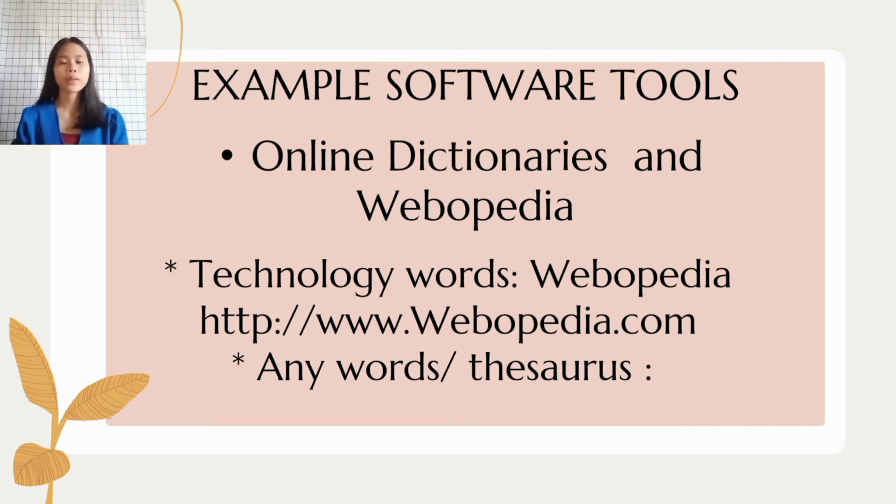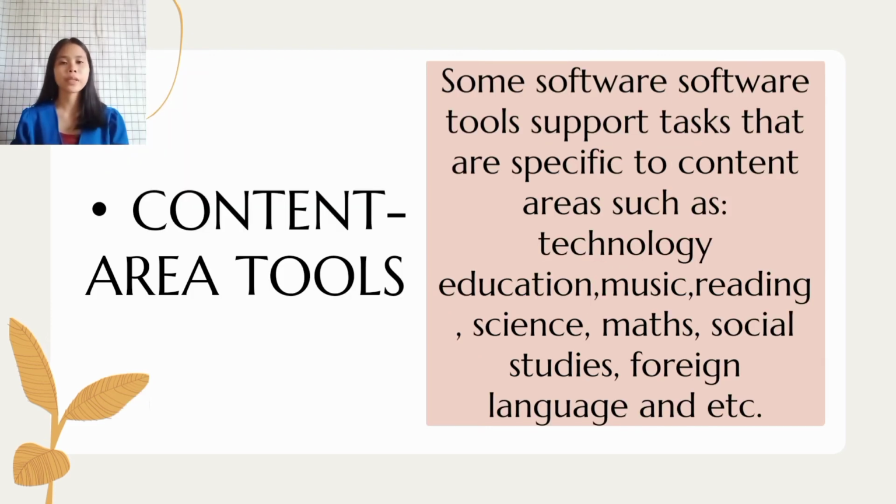Content area tools, some software tools support tasks that are specific to content areas such as technology, education, music, reading, science, math, social studies, foreign language, and etc. These are software tools that allow students to support tasks in specific content in technology, education, and others.